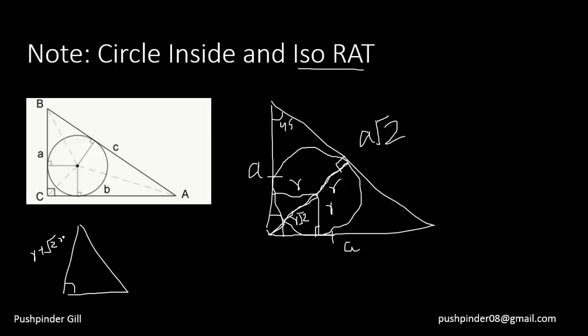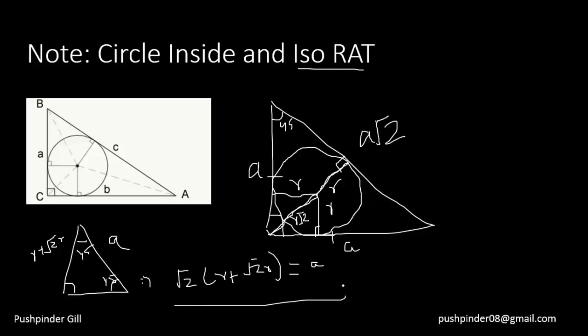And the hypotenuse is A. Now I can very well get the relationship because this is again an isosceles right triangle. So I can say that root 2 into R plus root 2R is equal to A, that is equal to the side.